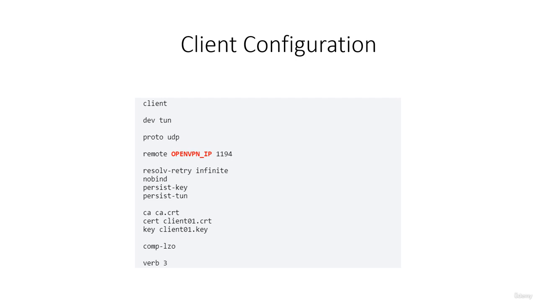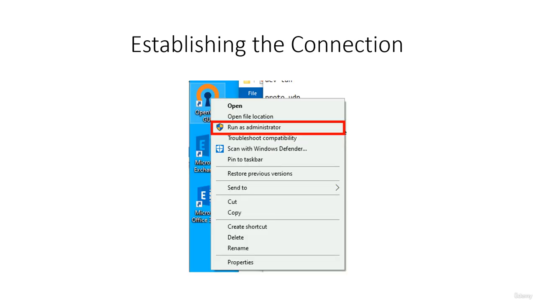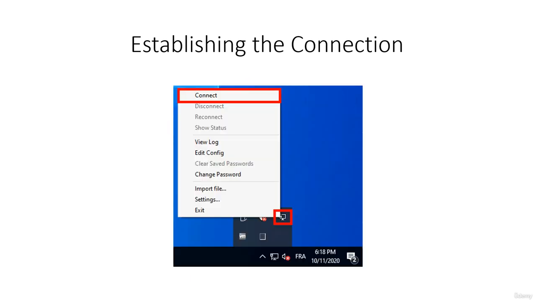Then we need to establish the connection. It will create a desktop shortcut. Simply run as administrator. Make sure you always open the OpenVPN GUI software as administrator, because that will have root access or administrator rights. After clicking run as administrator, it will open a shortcut in your taskbar.